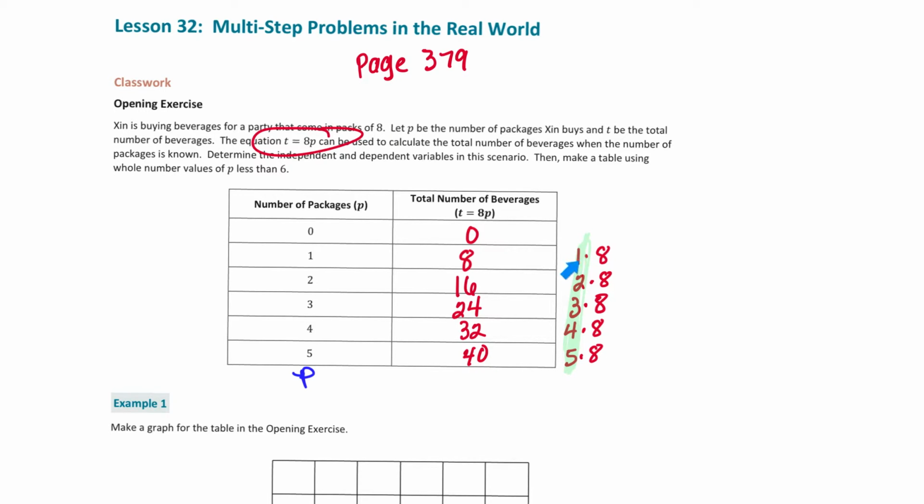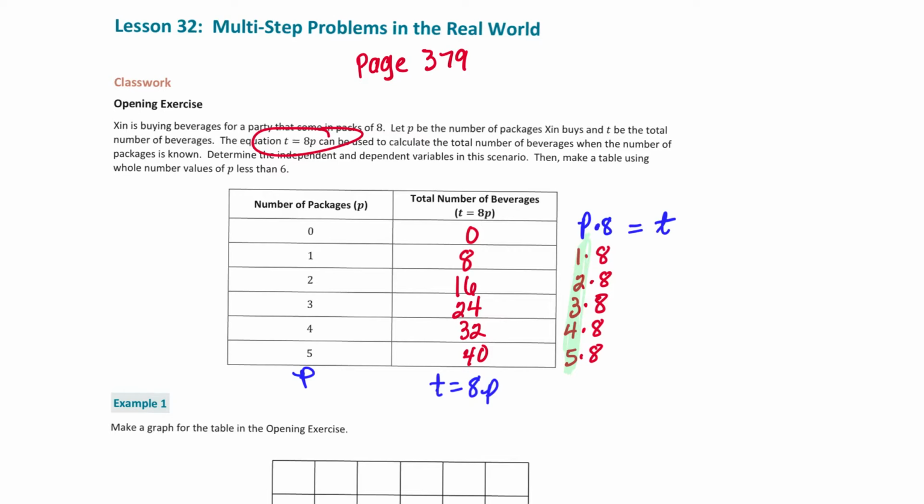And if you multiply the packages by the number of items in each package, that gives you how many beverages you're going to have. P times 8 gives you your total. So this is exactly the same thing as 8P, or the same equation that they gave us here. Hopefully you see the pattern here and you're able to see how the equation is true.